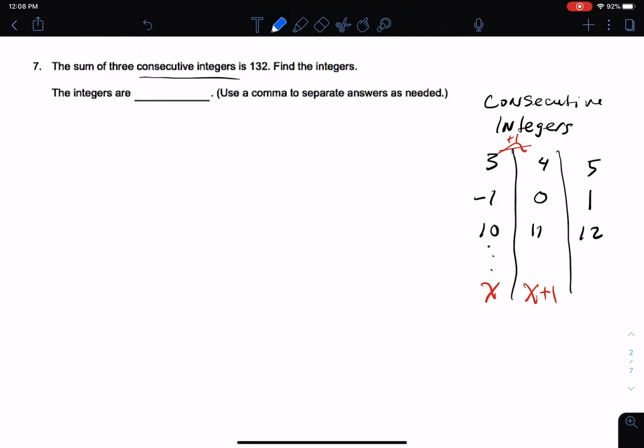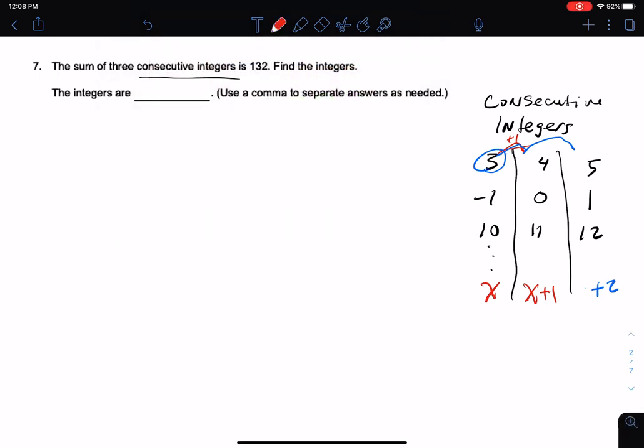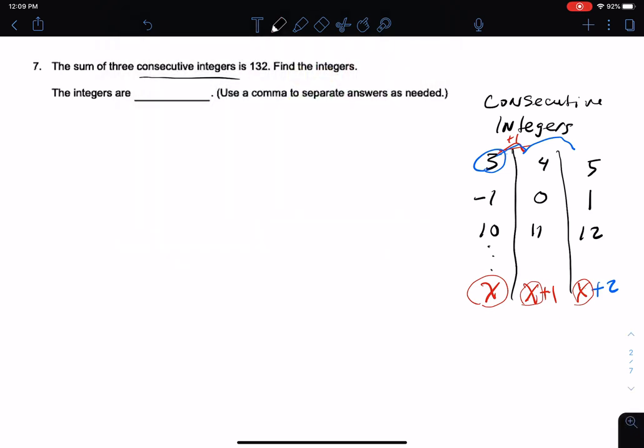And if I want to go from my first consecutive integer to the third consecutive integer, I would have to add 2 to that first one, right? You're just adding 1 going from first to second, then add 1 again, but we always want to refer back to the first x. Add 1 gets us the second consecutive, and add 2 gets us the third consecutive. So the first, the second, and the third are going to be different numbers.